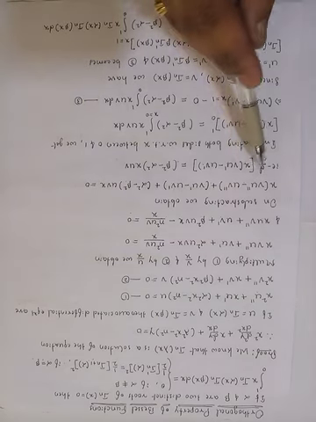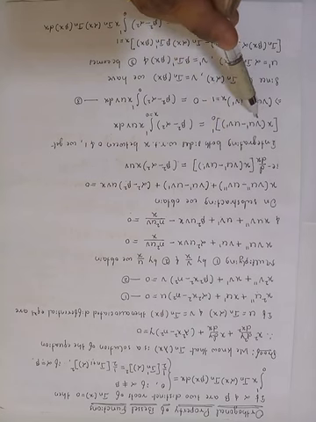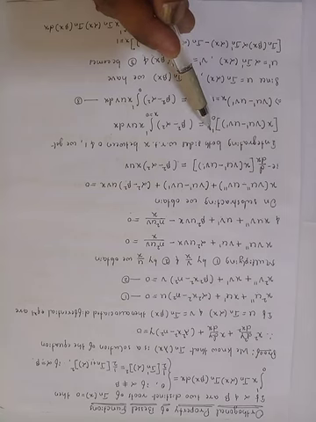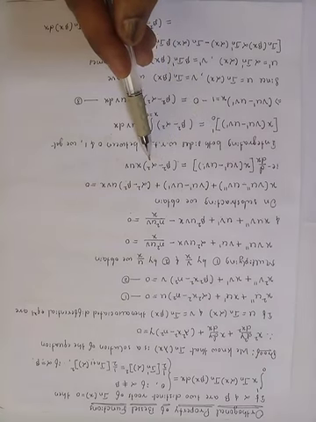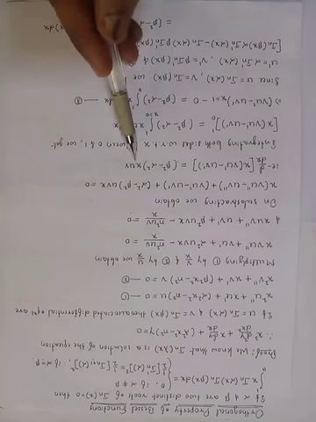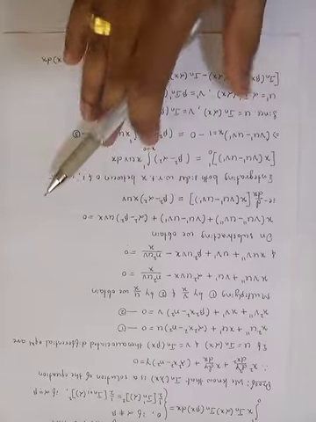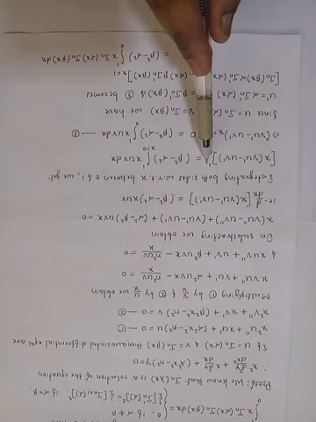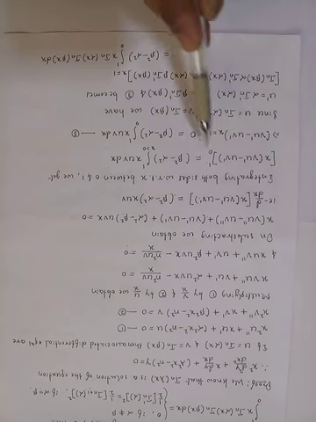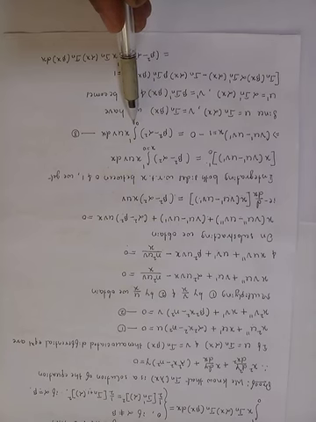Integration of this derivative becomes the same term, x into (v u dash minus u v dash), with limits 0 to 1, and beta square minus alpha square is a constant kept outside, then integration 0 to 1 of x u v with respect to x. Next, taking the upper limit x equal to 1, this is the term, minus the lower limit 0, and this term as it is.